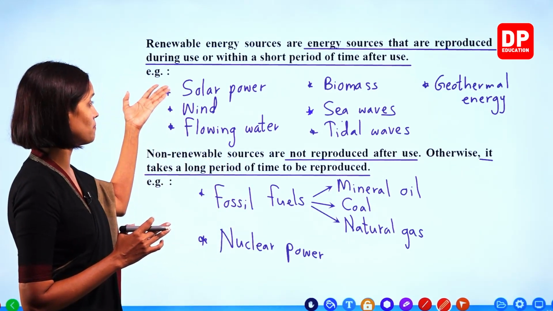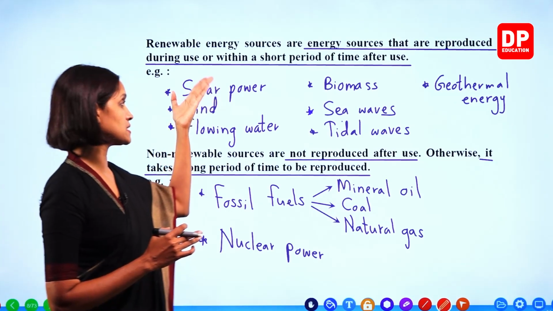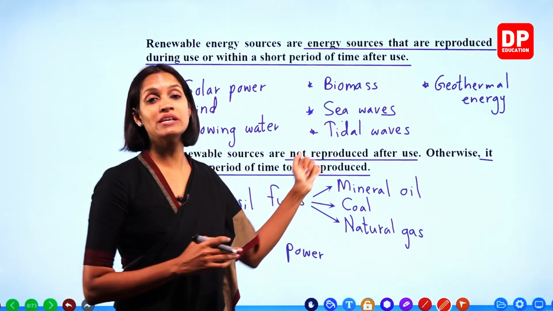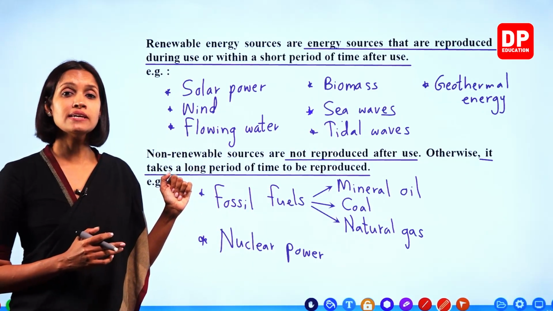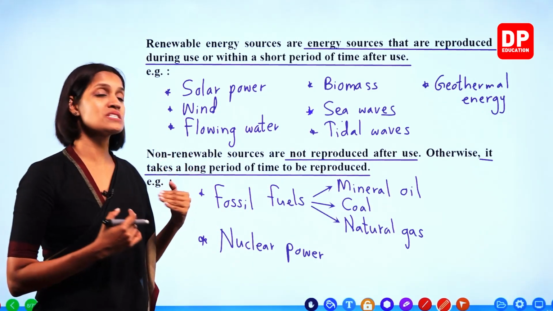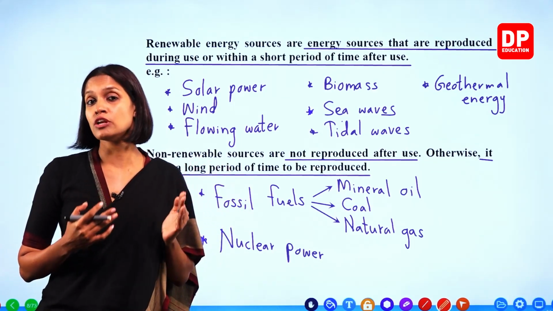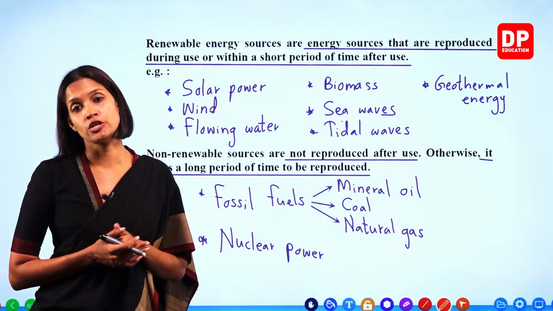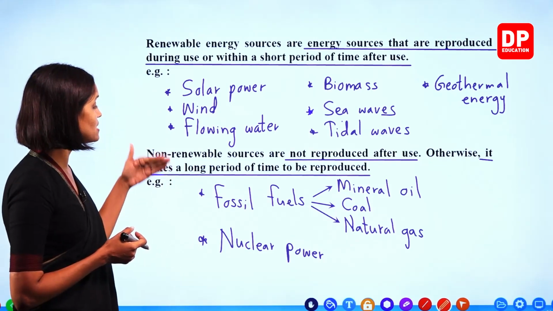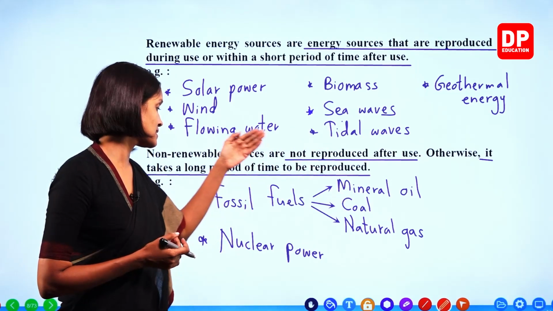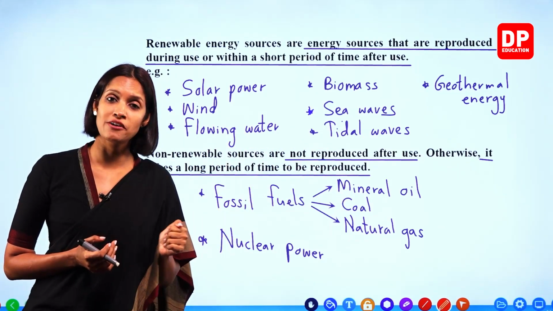Examples we learned: solar power, wind, flowing water, biomass, sea waves, tidal waves, geothermal energy. Non-renewable energy sources are either not reproduced at all, or take a very long period of time to reproduce. Examples: fossil fuels like mineral oil, coal, natural gas, and also nuclear power.